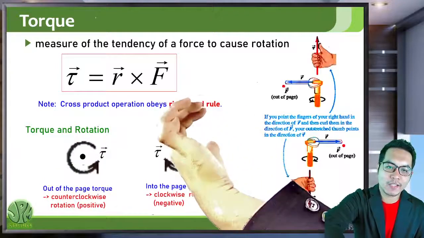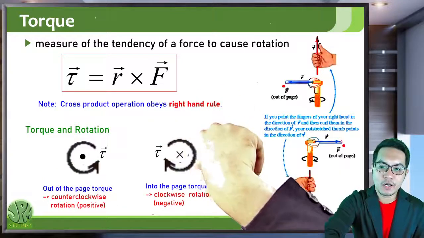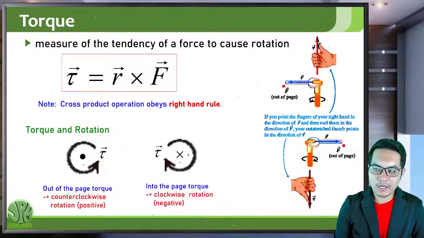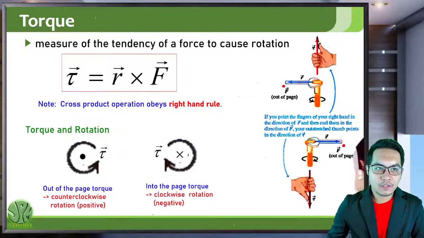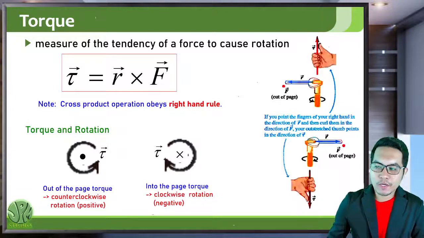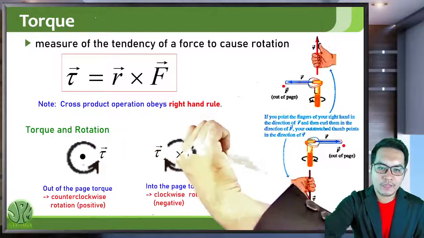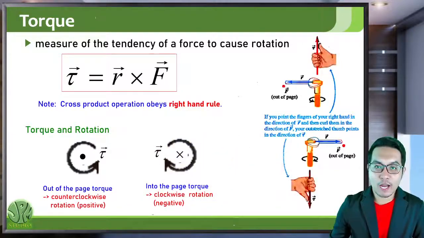In that case, the rotation is clockwise, and the torque is negative. That will be our convention for torque: positive torque out of the page, negative torque into the page, or clockwise rotation.